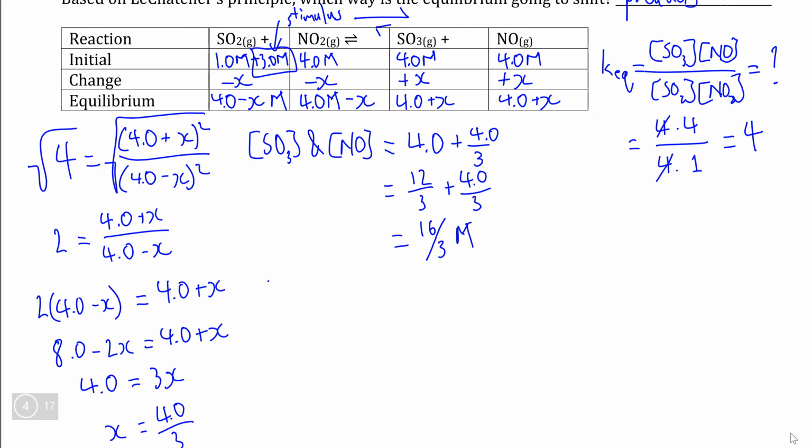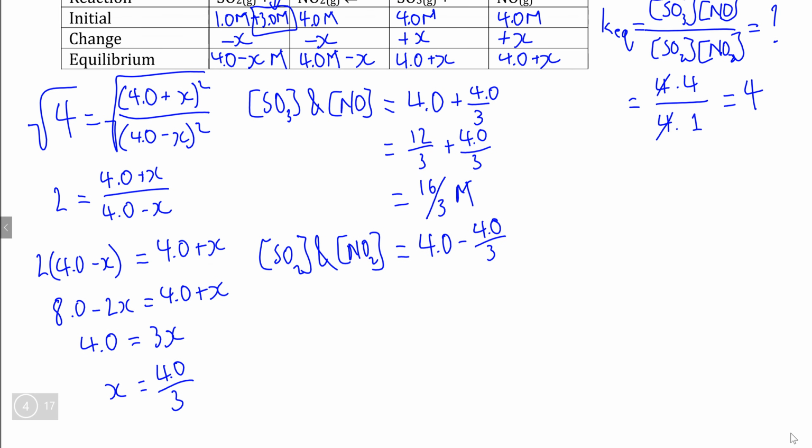No calculator required. And we can do the same thing with our reactants, sulfur dioxide and nitrogen dioxide, which would be equal to 4.0 minus 4 over 3. So again, we can do the same thing, convert 4 into a fraction with the denominator of 3. 12 over 3 minus 4 over 3 comes to 8 over 3, and we have just figured out the concentration of our reactants.